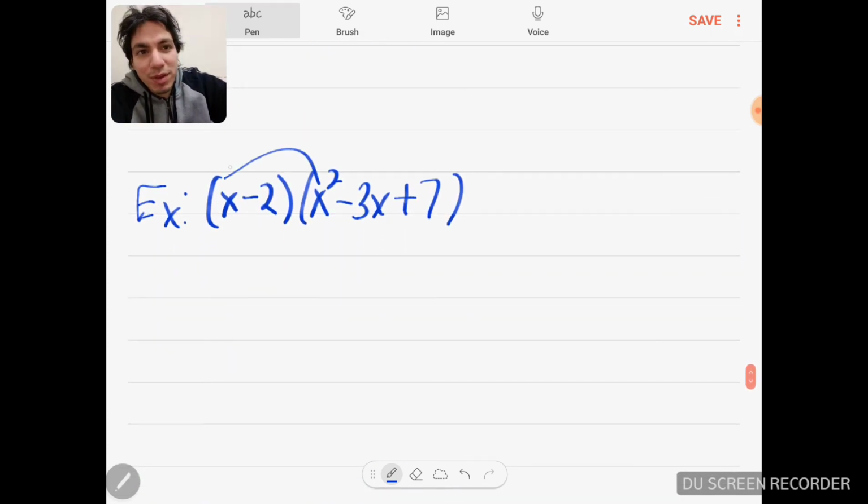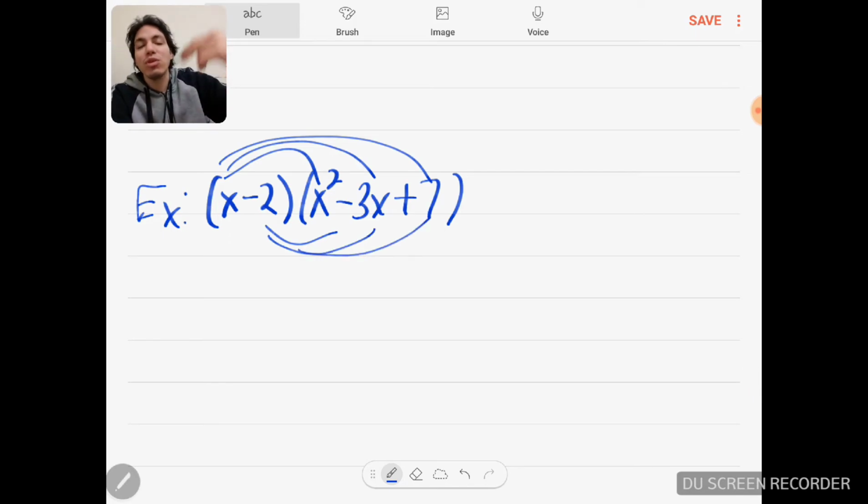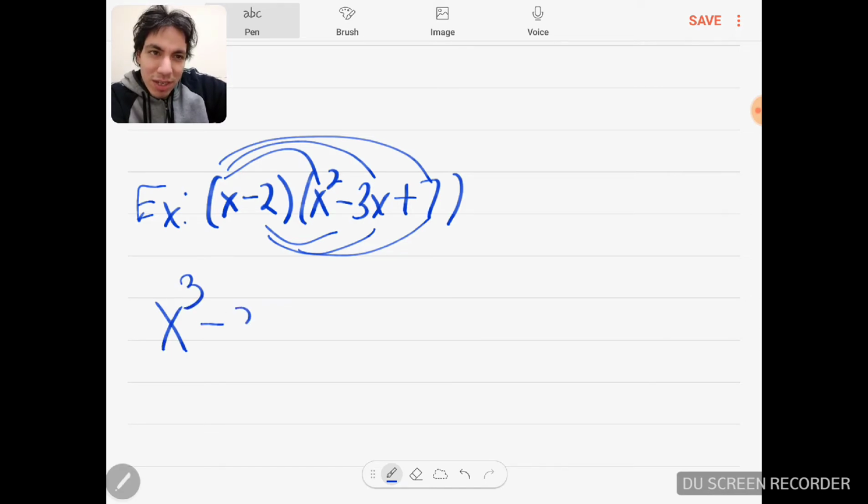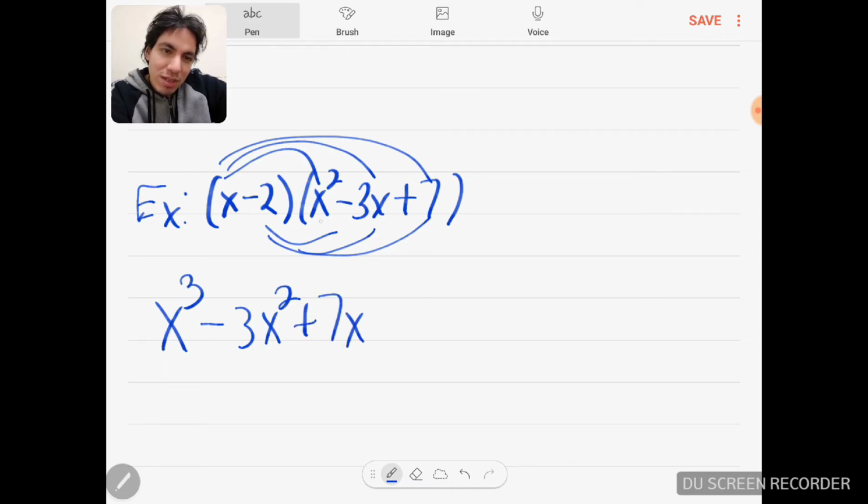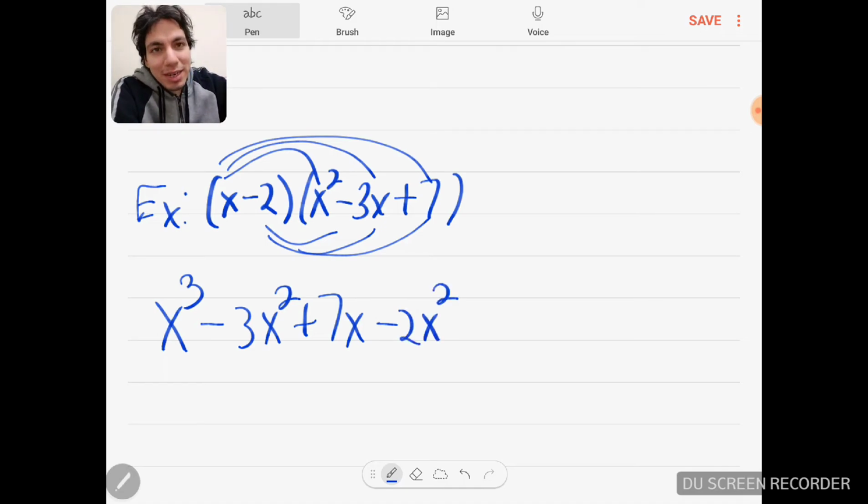We have one more. I'm pretty sure we have one more example here. So we're going to distribute again, each term one at a time. x times x squared is x to the third. x times negative 3x is negative 3x squared. x times 7 is 7x. Negative 2 times x squared is negative 2x squared. Negative 2 times negative 3 is positive 6x.